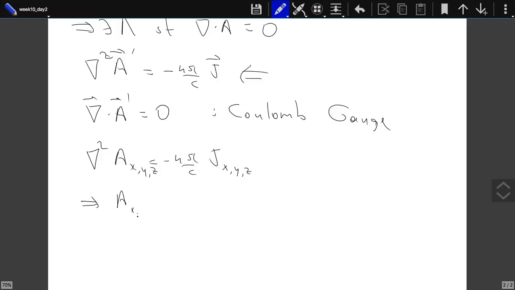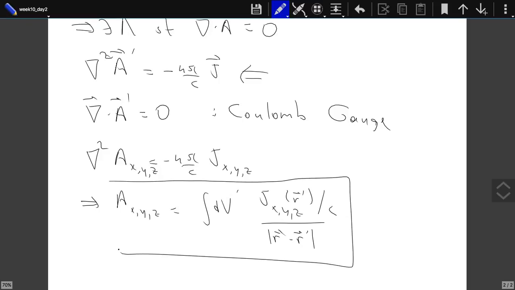So A x, y, or z will be equal to the integral over the volume V prime of j of x, y, or z at the point r prime divided by r minus r prime, with also the c. Well, this was the expression we had also obtained previously.